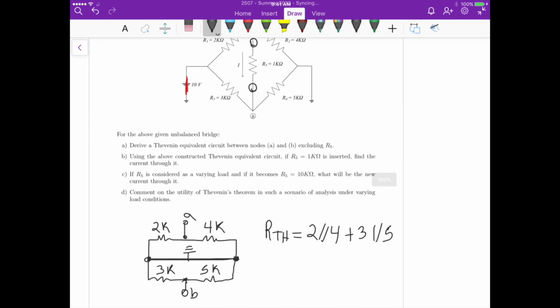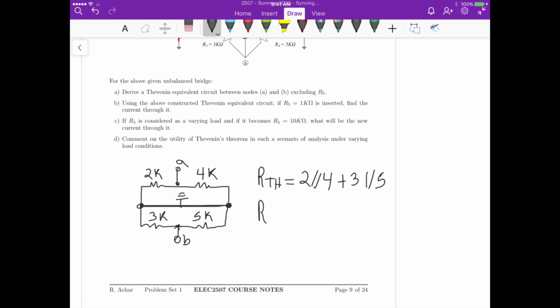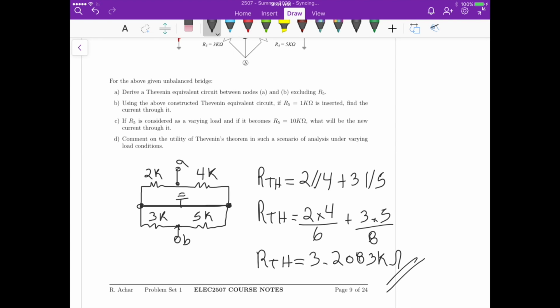So RTH equals 2 times 4 divided by 2 plus 4, which is 6, plus 3 times 5 divided by 3 plus 5, which is 8. And this gives us a Thevenin resistance of 3.283 kilo ohms, right? So that's the Thevenin resistance.